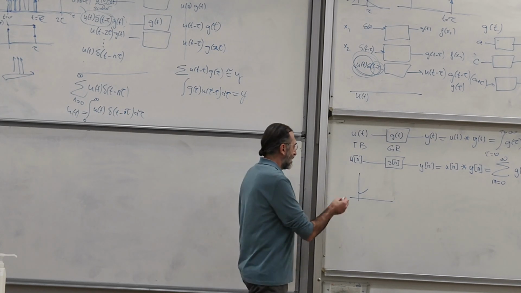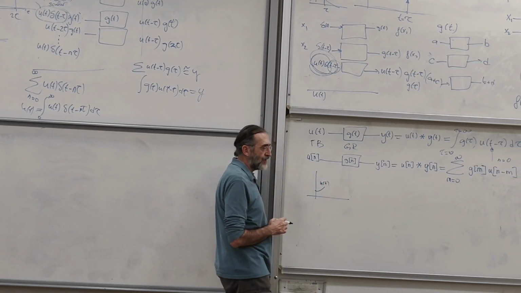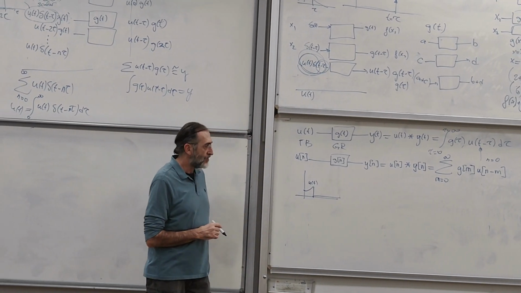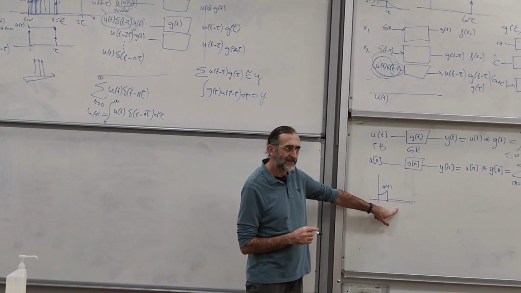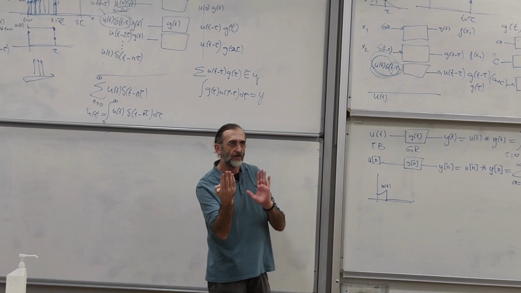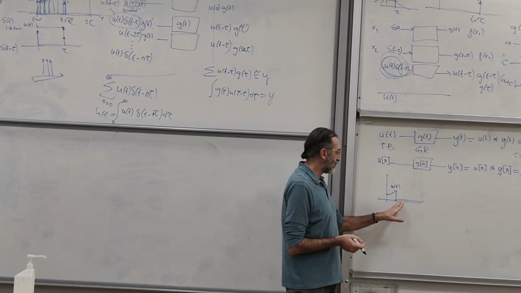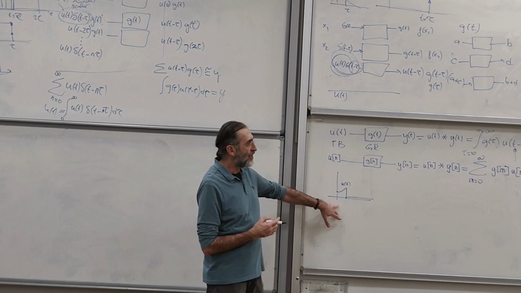For example, this is u of t, and then you have to collapse it afterwards, but not before, so you have to multiply it by some form of the delta function. You have to figure out the mathematics to do that. So we can do it.